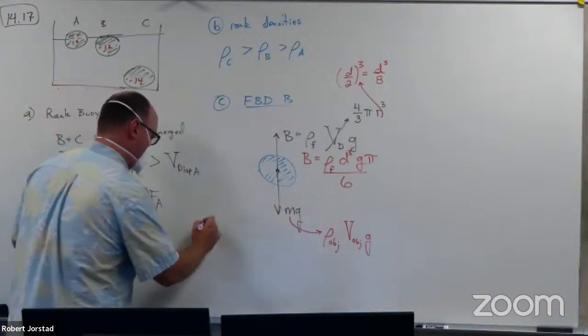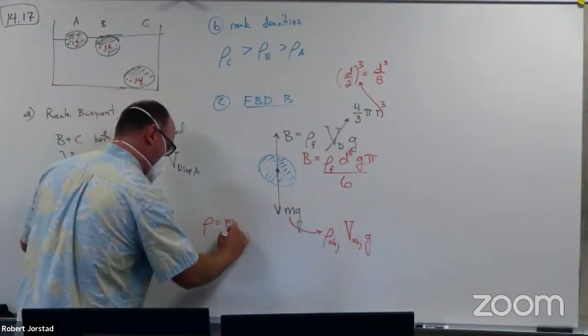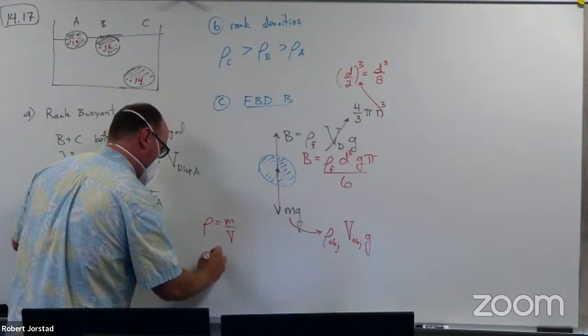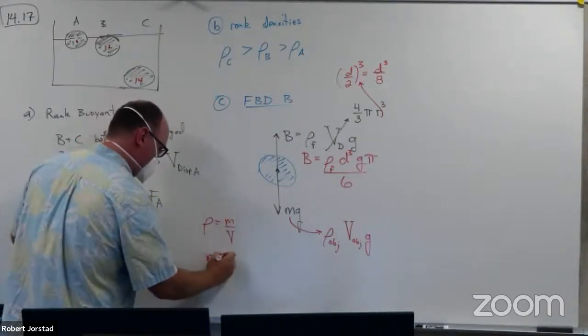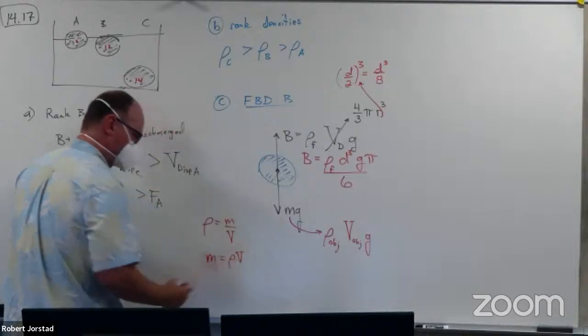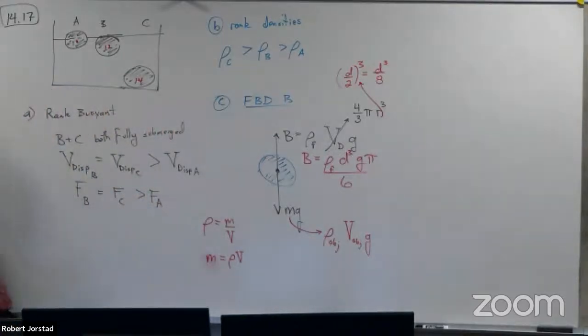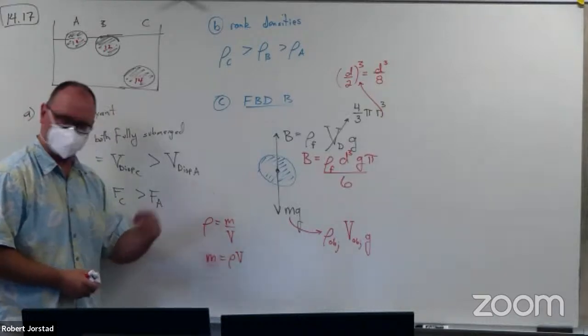If you're wondering how I got that, density equals mass over volume, just rearranging this. We use density as our conversion factor to go back and forth between mass and volume.